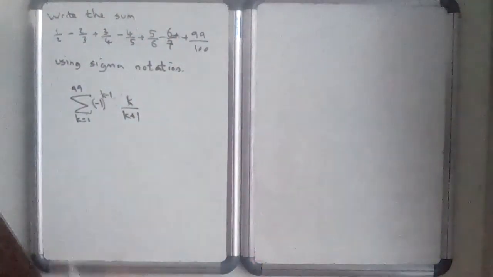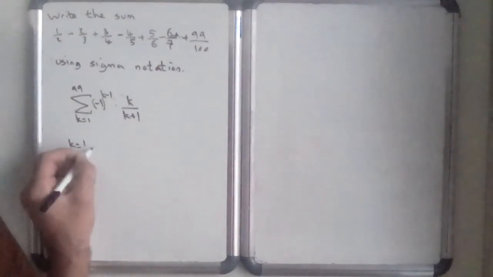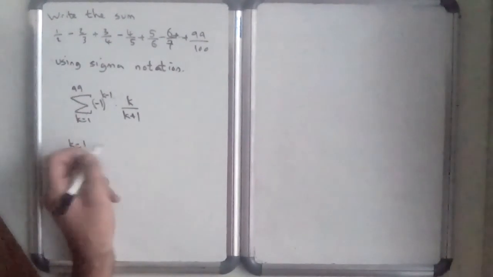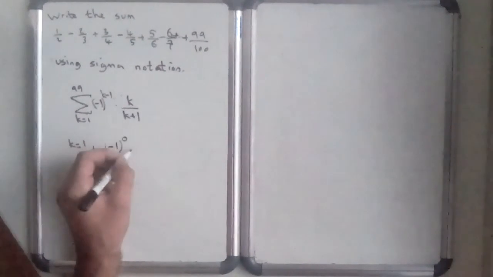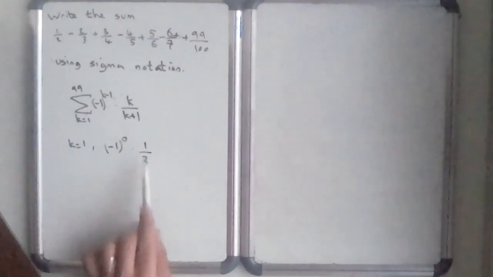I'll just prove it with a couple of terms. Say k equaled 1, the term would be minus 1 to the power 1 minus 1, which is 0, times 1 over 2. So minus 1 to the 0 is 1, 1 times a half is a half.